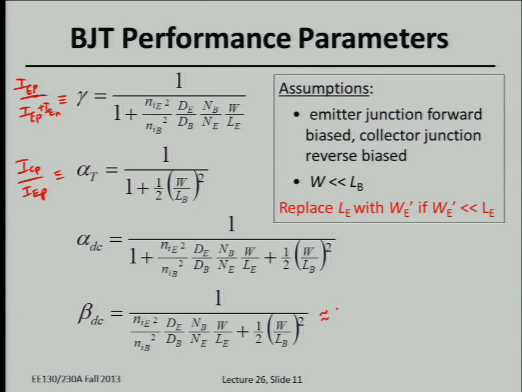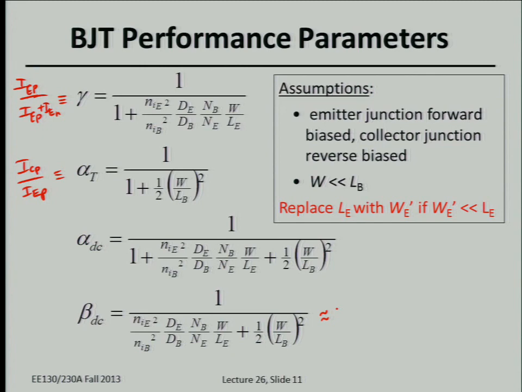Also remember the typical minority carrier diffusion lengths are more than 10 microns. In a modern BJT, the width of the quasi-neutral region is on the order of 1/10 of a micron. So we're talking about this factor being like 1 over 10,000.